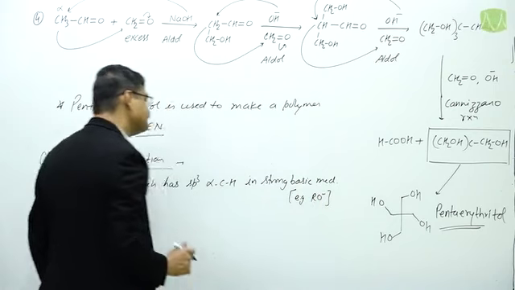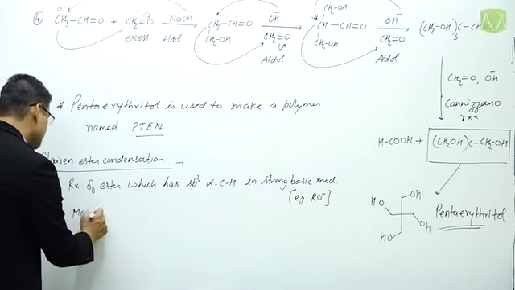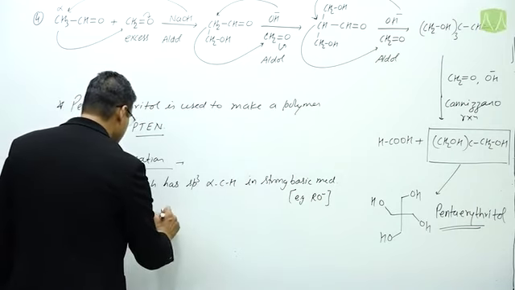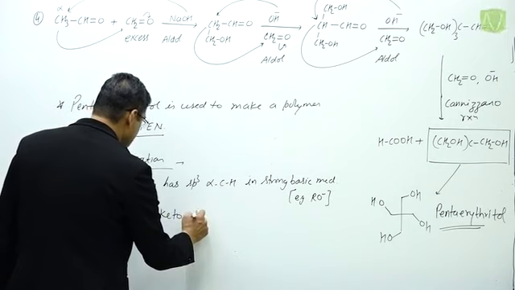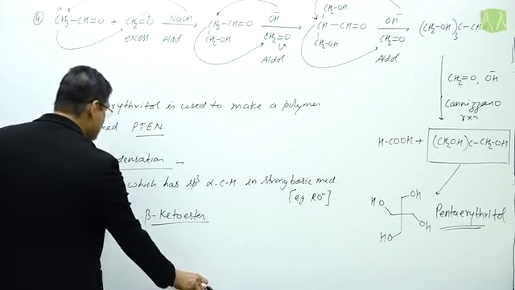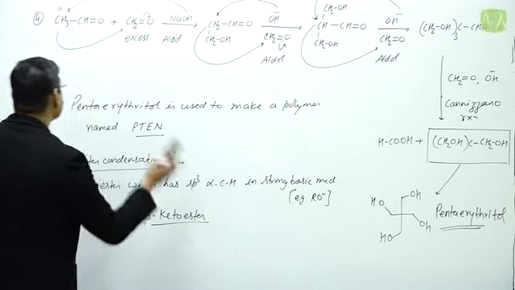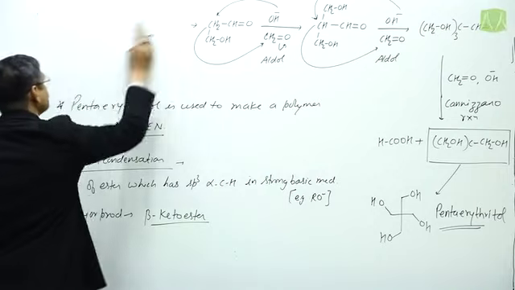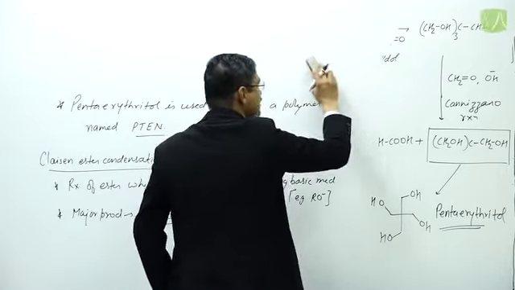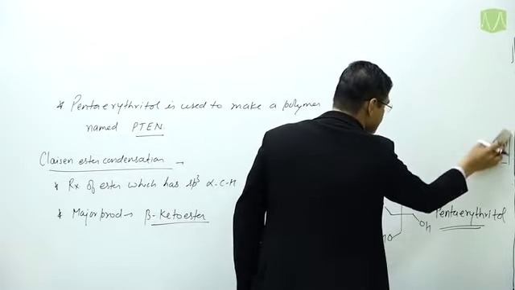The major product for this reaction is a beta keto ester. This is the major product obtained by this reaction. In this previous reaction, there are 3 aldol reactions and 1 Cannizzaro reaction.